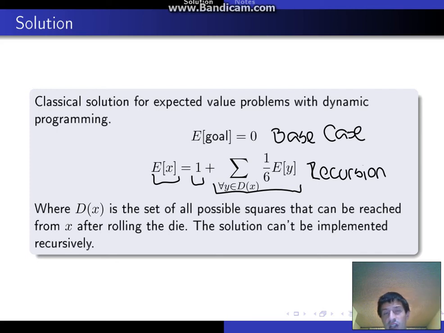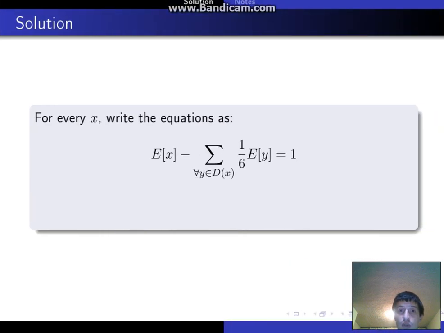That's a very classic expected value problem with recursion. Here, d of x means the set of all possible squares that can be reached from x after you roll the die. So the solution cannot be implemented recursively, because you have cycles in this graph, so you will get an infinite loop if you do that.